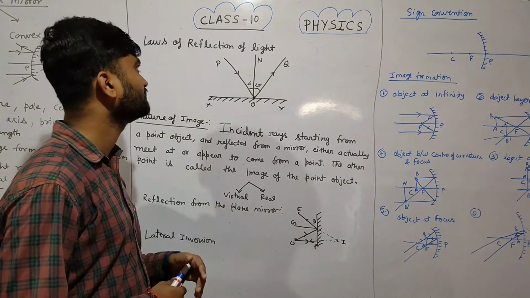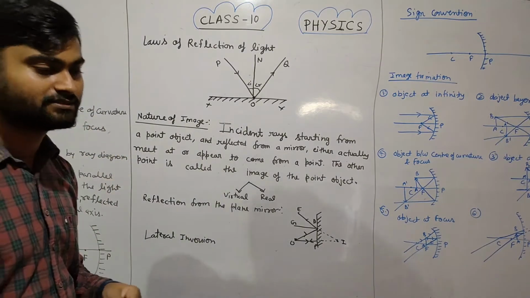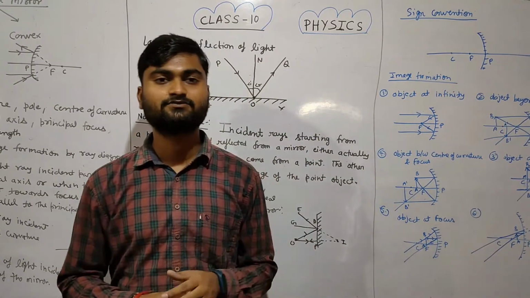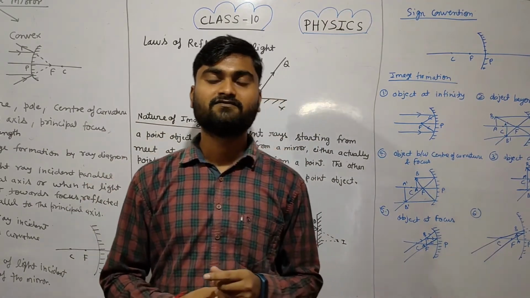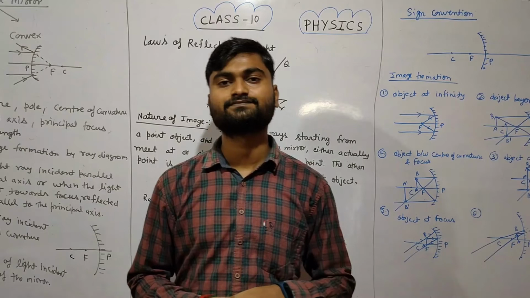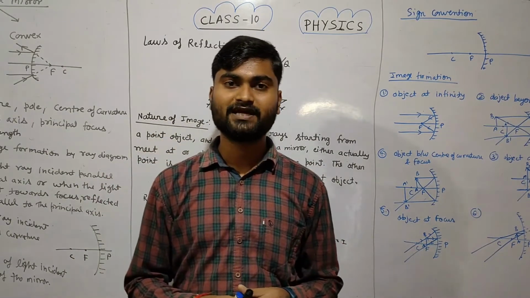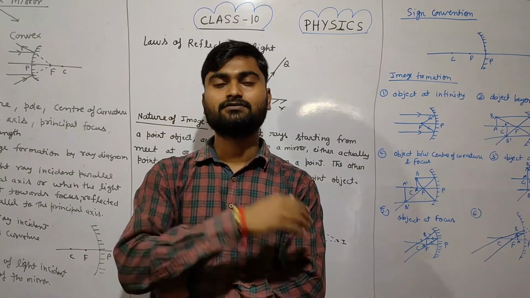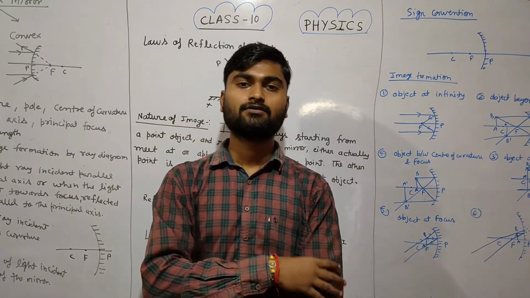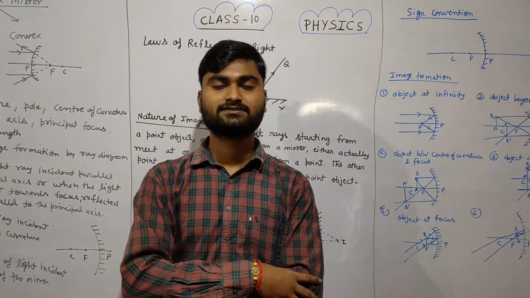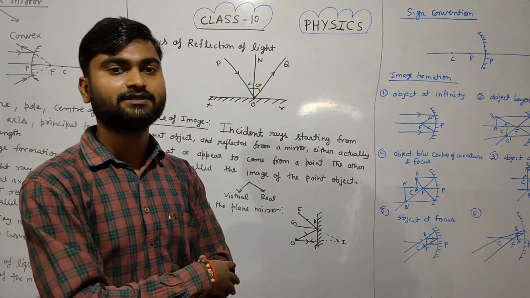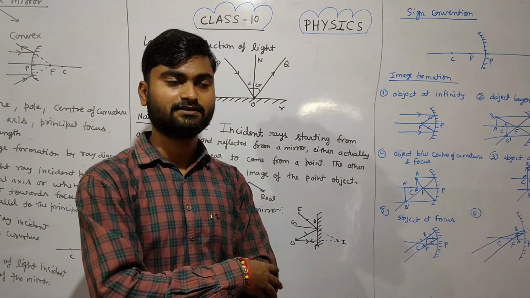So before going through the laws, first of all I repeat what reflection is. What is the reflection of light? We know that when a ray is incident on an opaque polished surface, the ray returns back into the same medium.